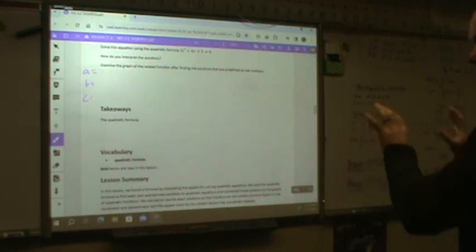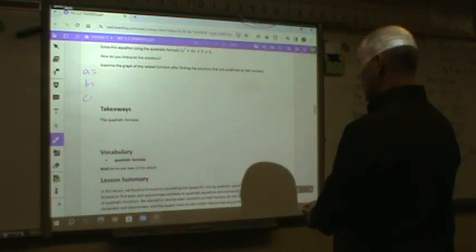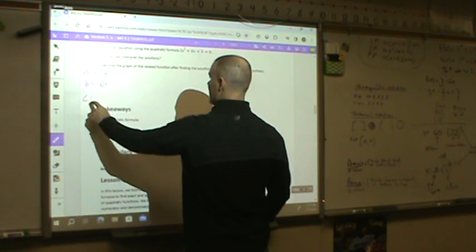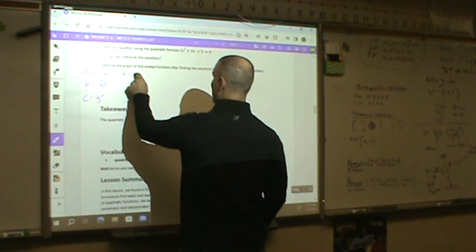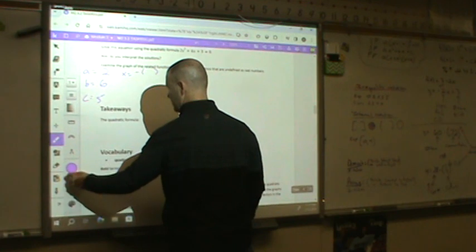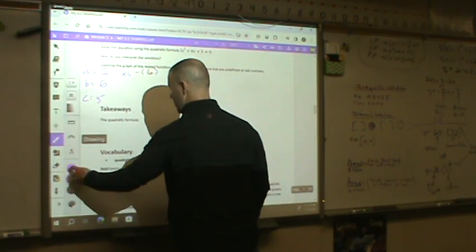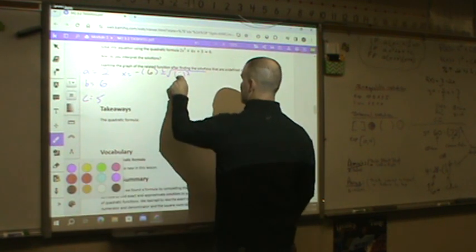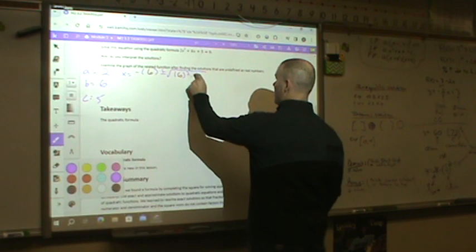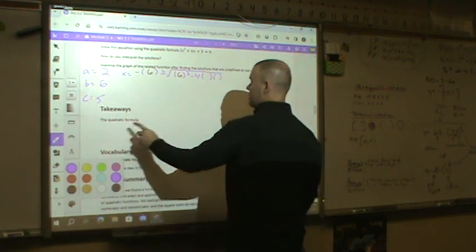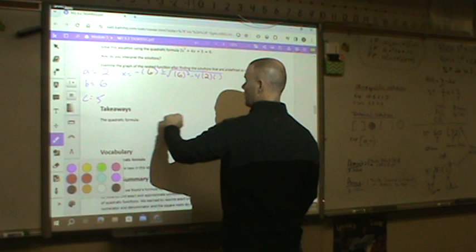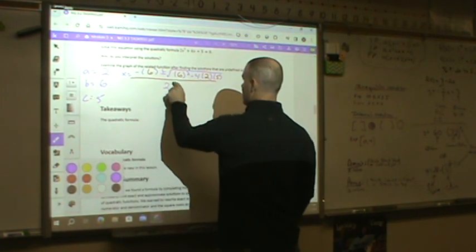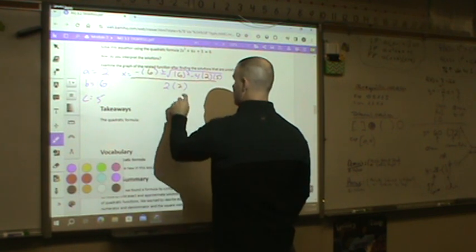I am going to front load a little bit with some of the other stuff and not have you write it down. A is 2, B is 6, and C is 5. So you get x equals negative 6 plus or minus the square root of 6 squared minus 4 times A times C, which A is 2, C is 5, all divided by 2 times A, which is 2.